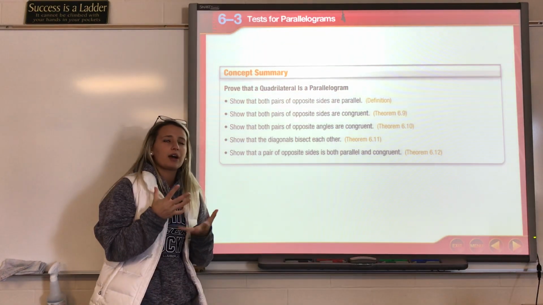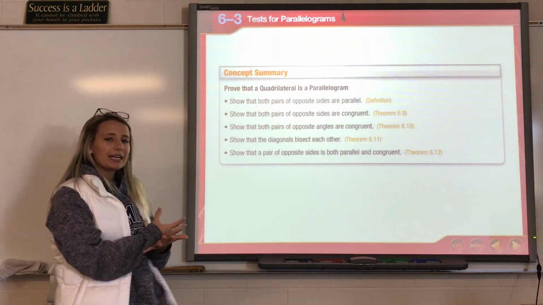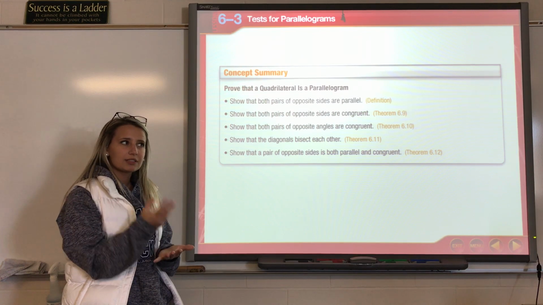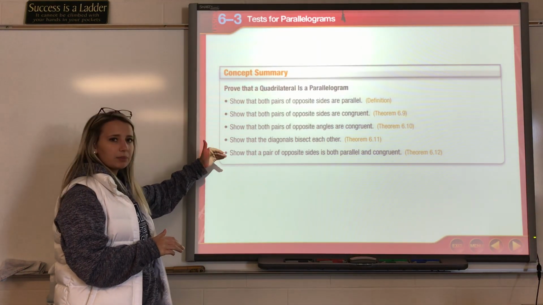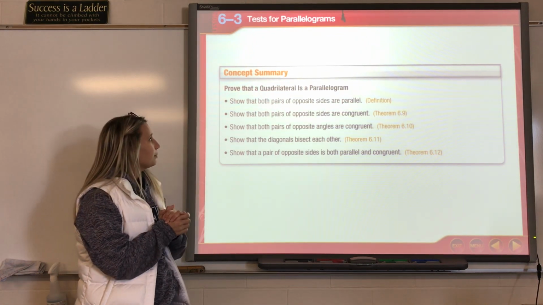So here's a little bit of a concept summary, kind of like what we did at the end of this morning's first section. We made a list of some characteristics of a parallelogram.